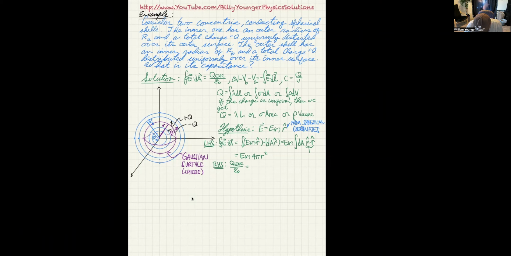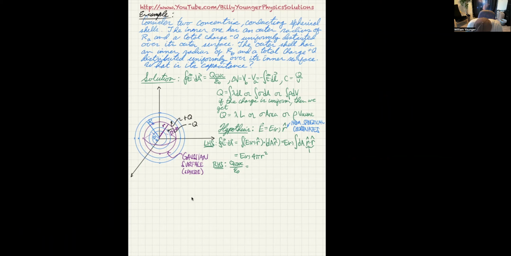We can see from the diagram that I drew a charge of negative Q on the outer surface of the inner shell, and that entire inner shell is inside the Gaussian surface. So I don't even have to do any of the sigmas or the lambdas or the rhos, because I have the total Q. If we were doing a regular problem where I had to calculate the electric field at points r less than RA and at points r greater than RB, then I might have to resort to using the lambda dL, the sigma dA, or the rho dV.